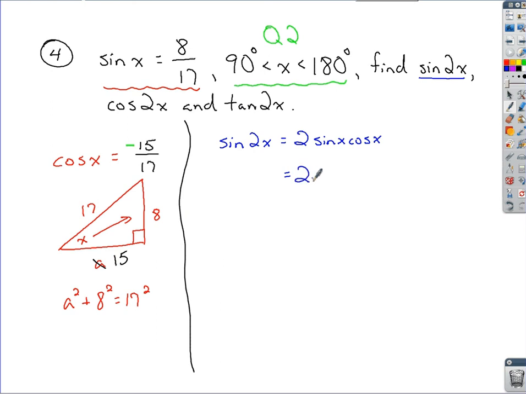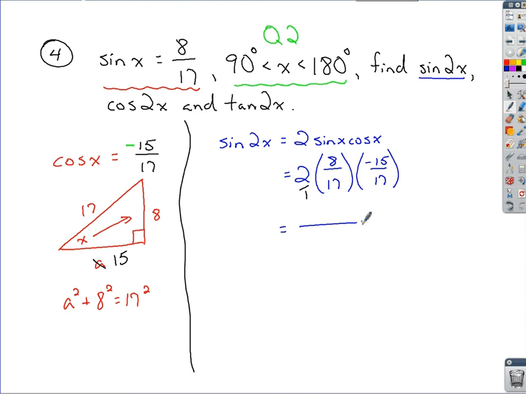So if I set this up, it's 2 times the sine of x being 8/17 times the cosine of x, which is negative 15 over 17. I put this 2 over 1 and I multiply everything through. I'm multiplying 2 times 8 times negative 15 on top, multiplying 1 times 17 times 17 on the bottom.